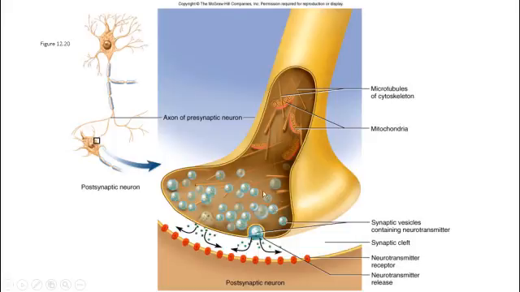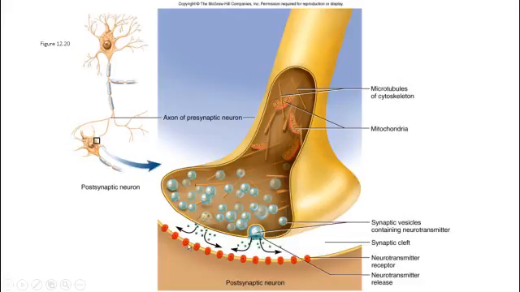Once it gets to the end where those neurotransmitters are located, the neurotransmitters in these little vesicles or bubbles migrate toward the end of the presynaptic element, and they release the neurotransmitters. Those chemicals flow across the synaptic cleft, and they have to bind onto specialized receptors on the postsynaptic element.